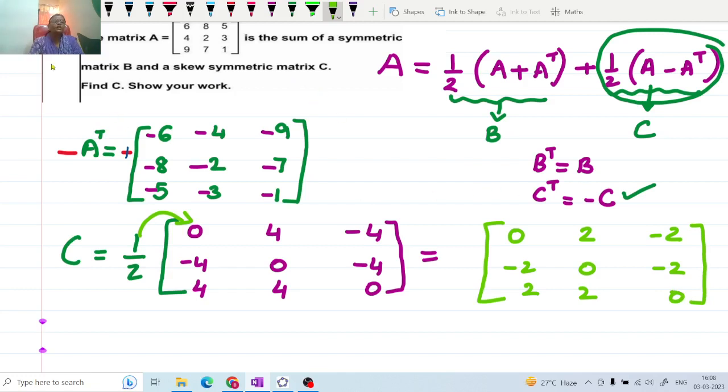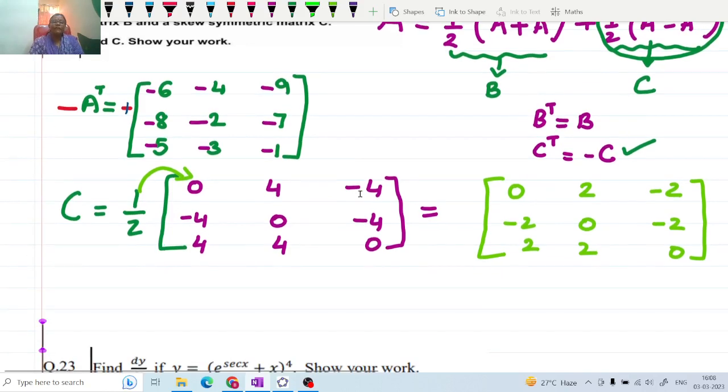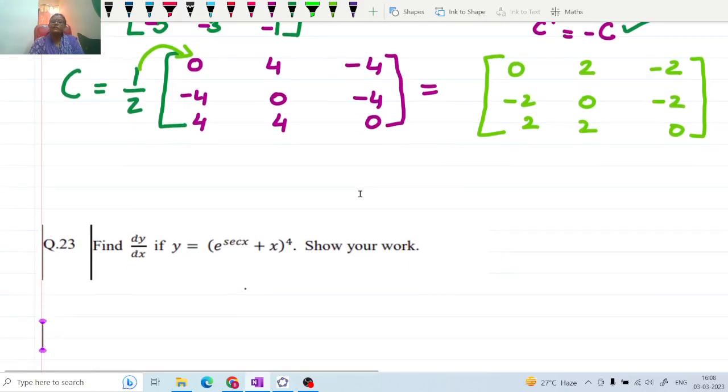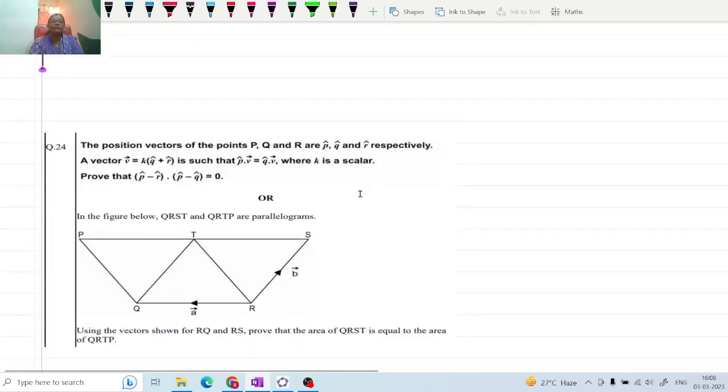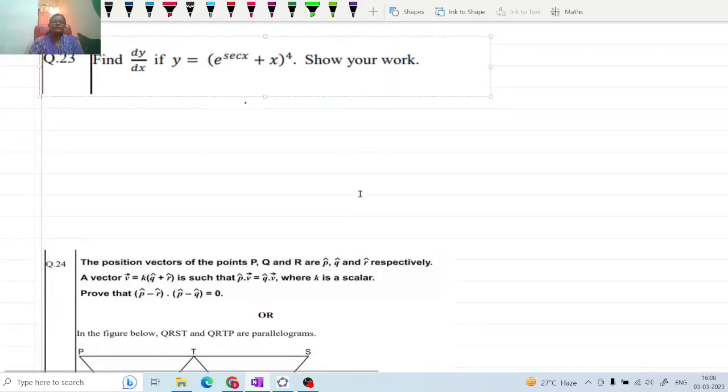This will not take much time. Very fast you'll be able to get it. I don't think it has taken 2 or 3 minutes. So you are saving some time from this question. You can utilize it for some other question. The reason I said a maximum of 15 minutes is required to solve section B. Do not take more than that.